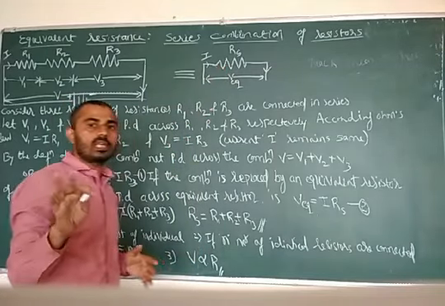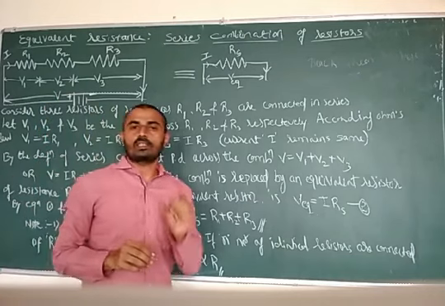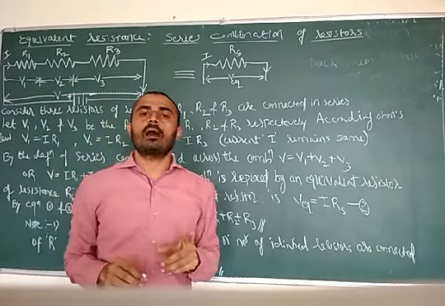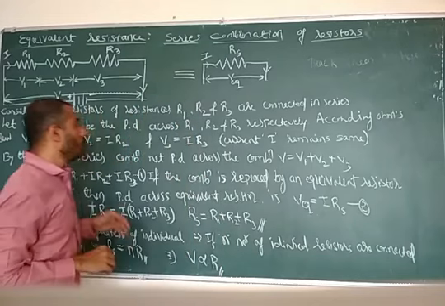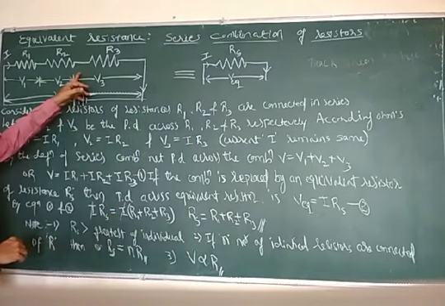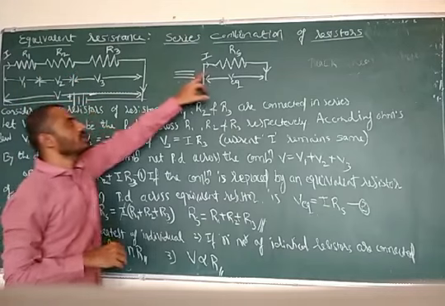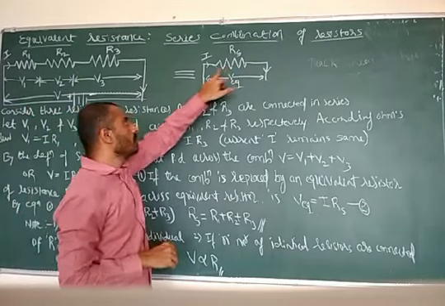Is that clear? An equivalent or effective resistor is one single resistor which can offer the same opposition as that of the combination. How much opposition is offered by the three together here, the same will be offered by one single resistor. Here you can see it is represented.